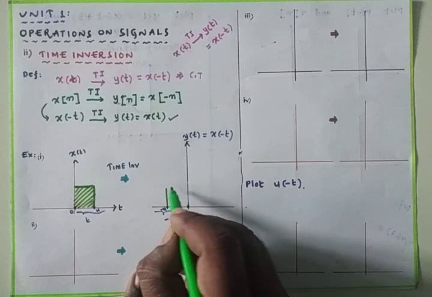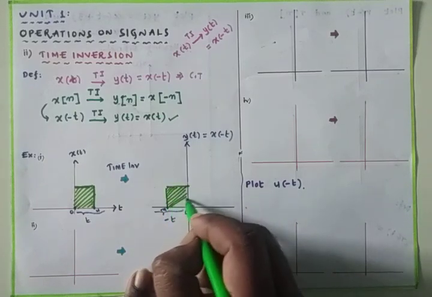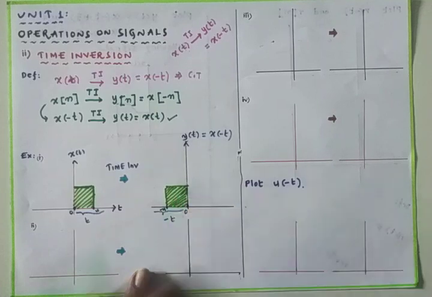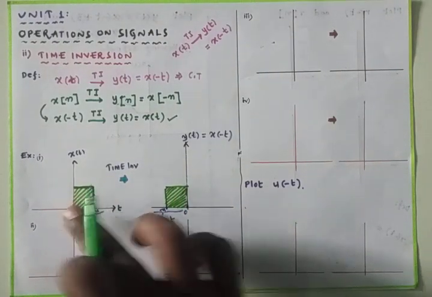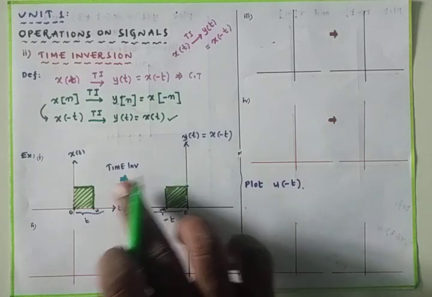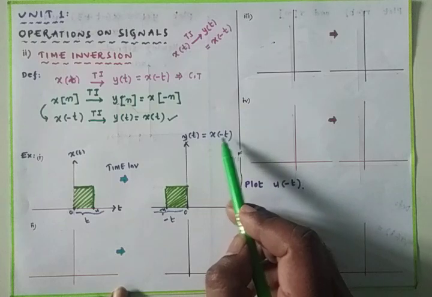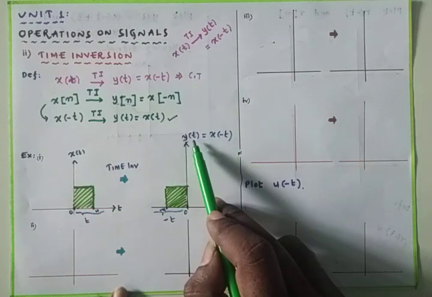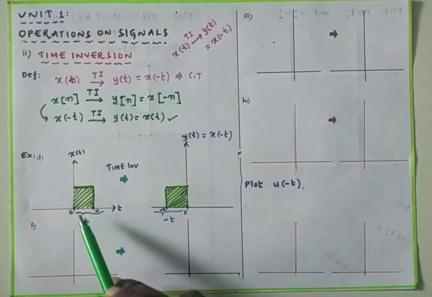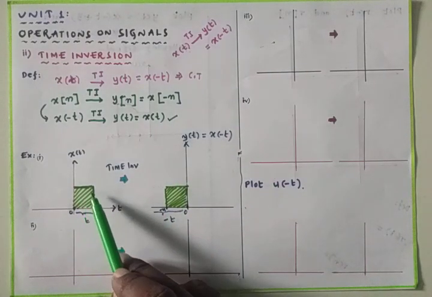The signal will be like this. T is simply replaced by the minus t, and this is the original signal on which we applied the time inversion. Due to the time inversion, t is replaced by minus t, so that x of t will be x of minus t, which is the new signal, y of t. Here x of t is positive, so we have the signal here.